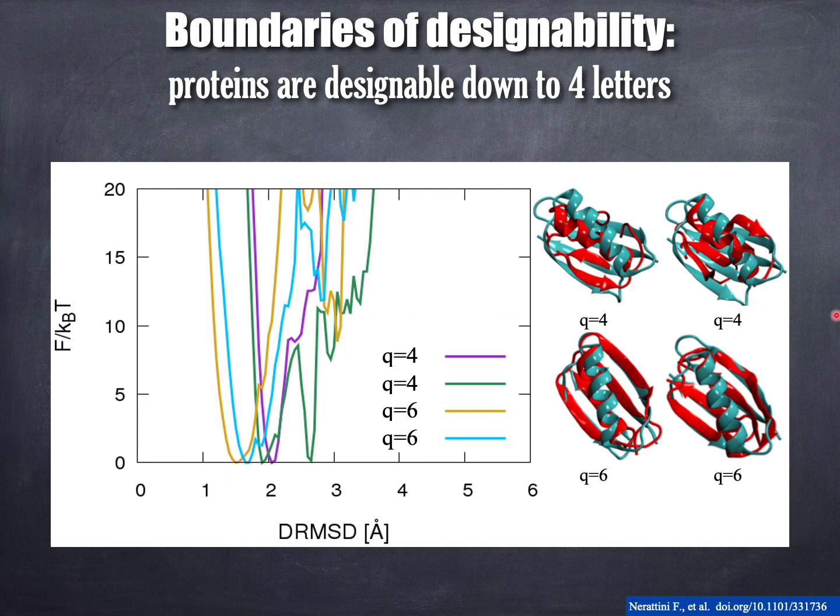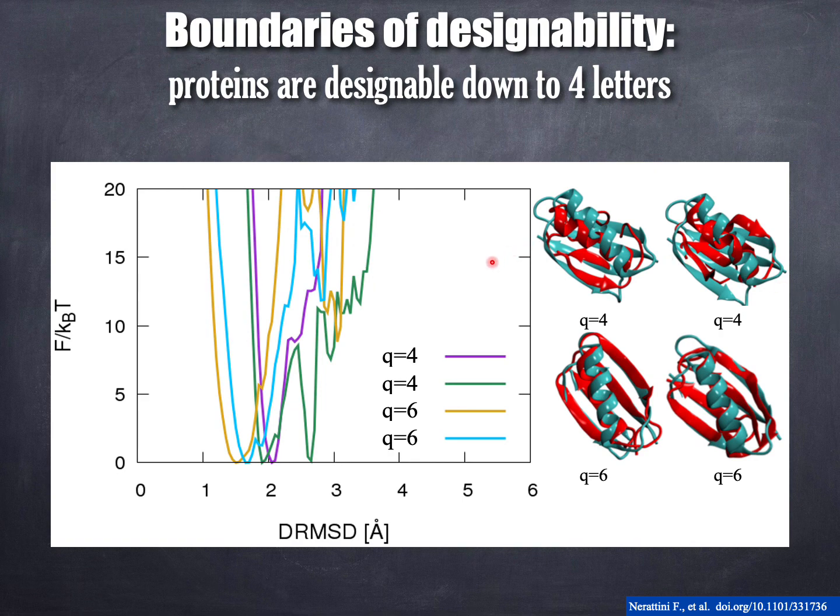Interestingly, the caterpillar model predicts that the protein structure can be designed with a minimal alphabet of just 4 letters, while with 6 we recover the full folding resolution of a 20 letter alphabet. This is in good agreement with mutation experiments identifying 5 letters as the minimum alphabet.